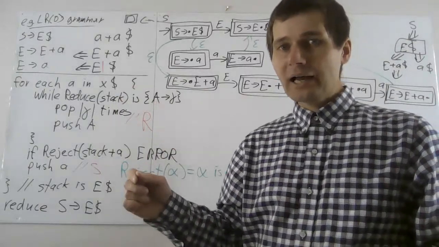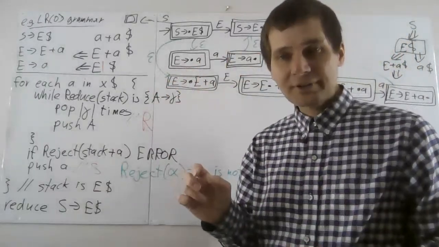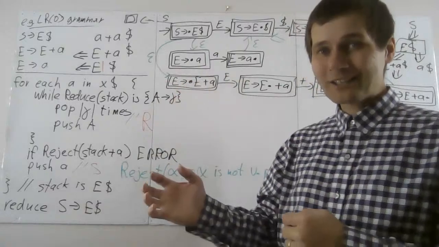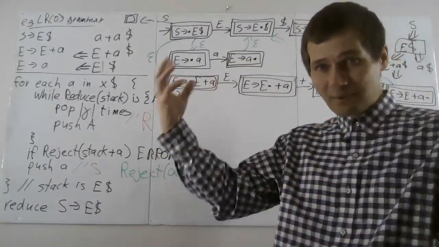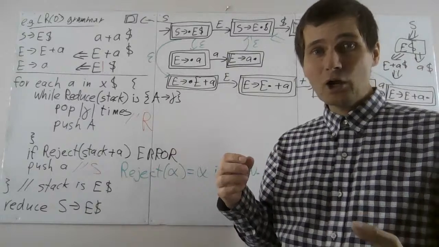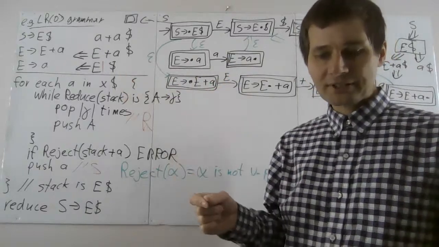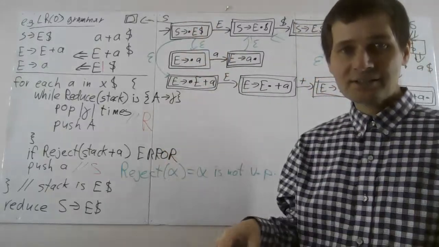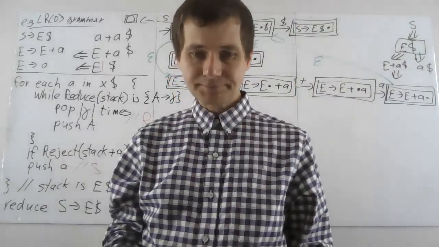Okay, and the set of all viable prefixes is not a regular language, so we can't use an NFA for it, or it would have to be an infinite NFA. But if we limit ourselves to only those viable prefixes that ever come up as a question in this algorithm, this NFA is actually enough.